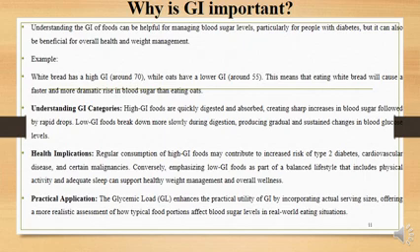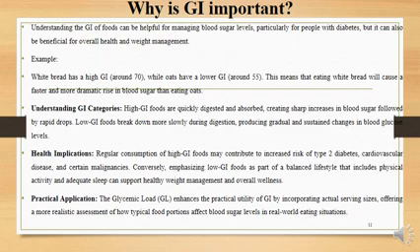Understanding GI categories. High GI foods are quickly digested and absorbed, creating a sharp increase in blood sugar followed by a rapid drop. Low GI foods break down more slowly during digestion, producing gradual and sustained changes in blood glucose level. Health implications.